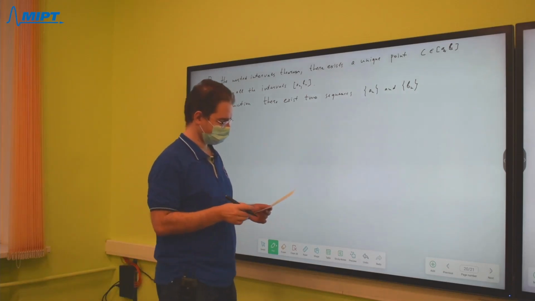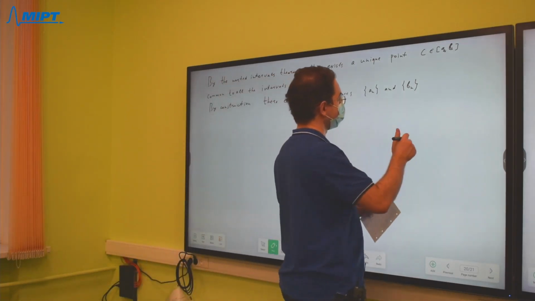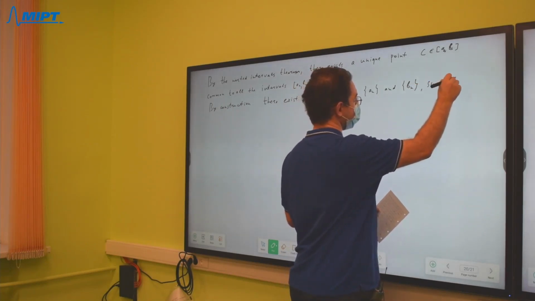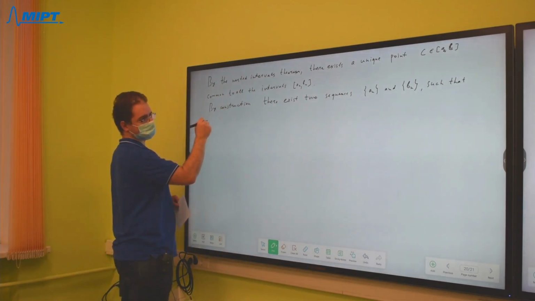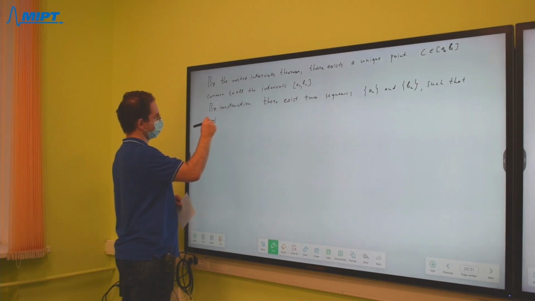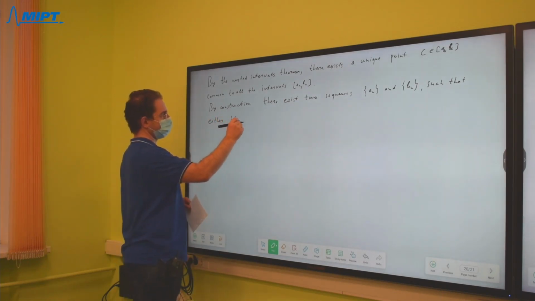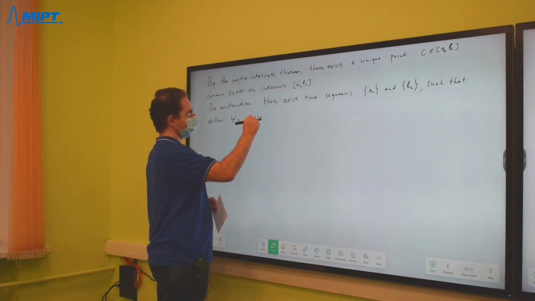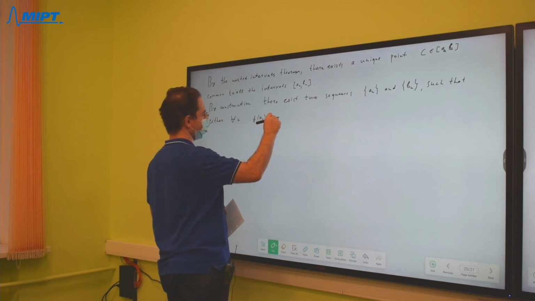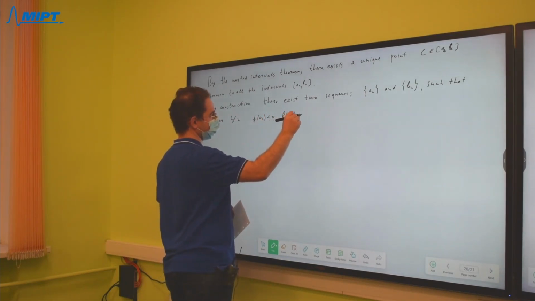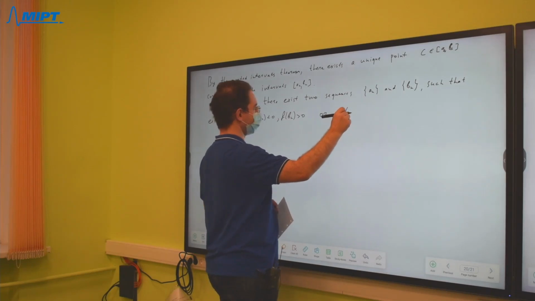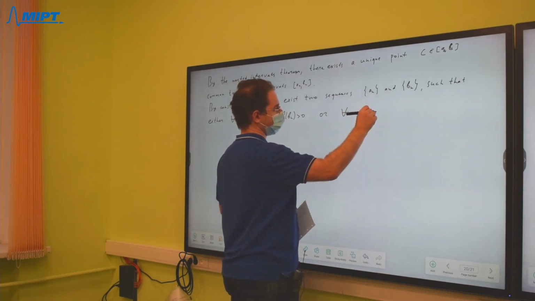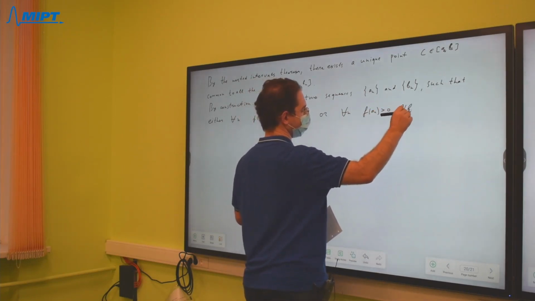Two sequences such that either for any n, f of an is less than 0 and f of bn is greater than 0, or for any n, f of an is greater than 0 and f of bn is less than 0.